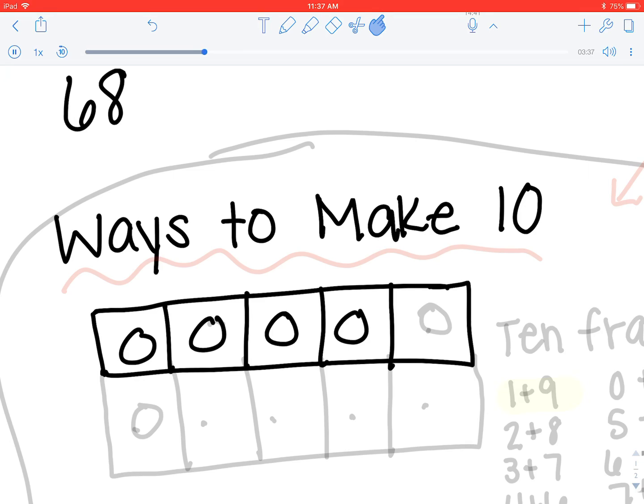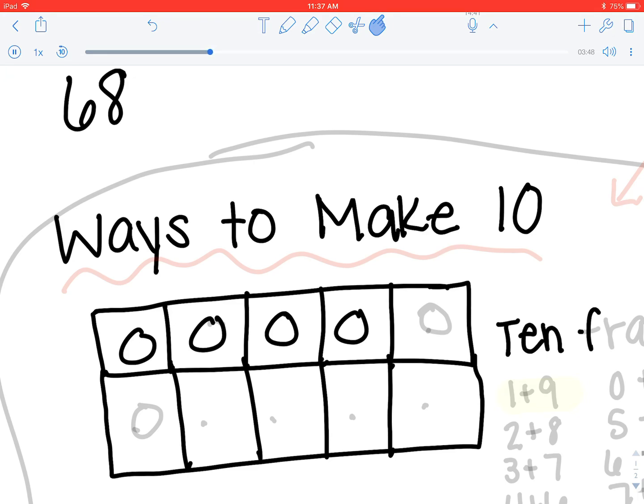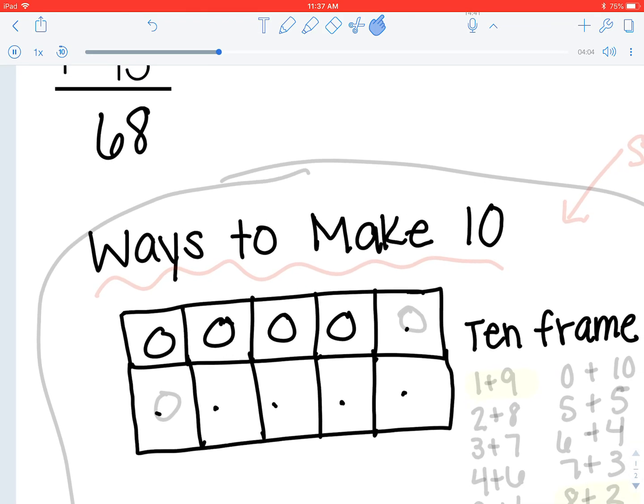That eventually gets extended in first grade as well, and it is reviewed in second grade, to a 10 frame. Same concept: looking at the spaces that are filled in versus the spaces that are empty, understanding that 4 plus 1, 2, 3, 4, 5, 6 is 10, and then the other way around, 6 plus 4, and all of those ways to make 10.